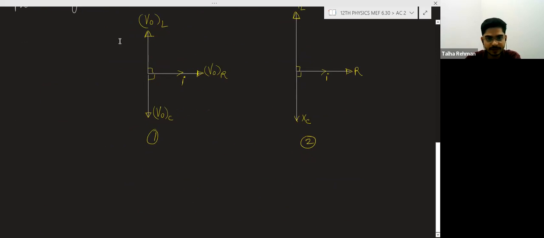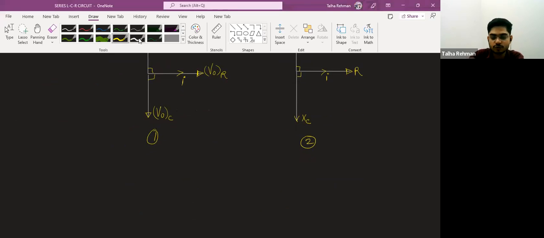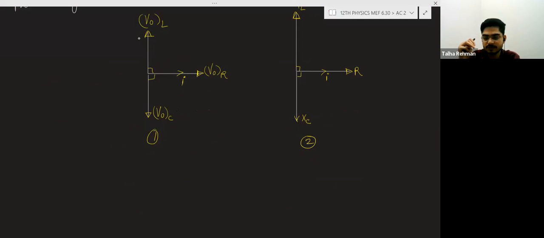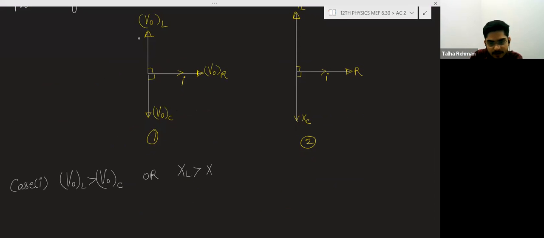See this diagram. I will talk about three cases. Number one: when the peak value of the voltage across the inductor becomes greater than the peak value of the voltage across the capacitor, or you can say XL greater than XC.